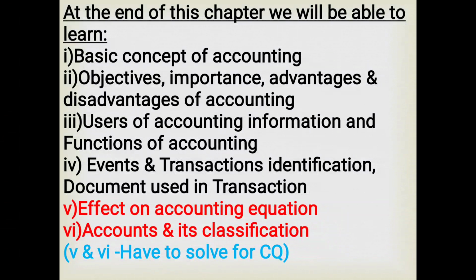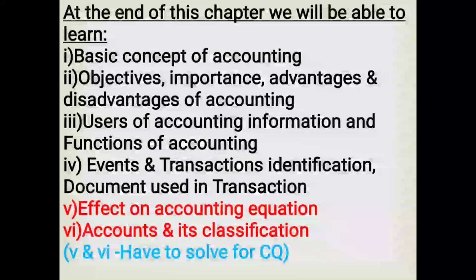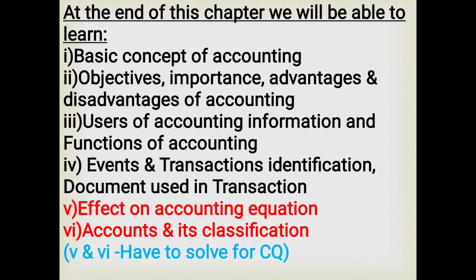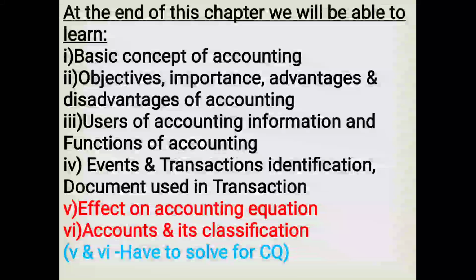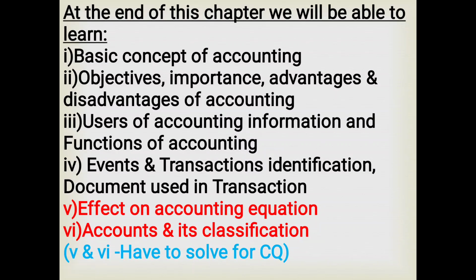Number 4, events and transactions identification, documents used in transactions. Number 5, effect on accounting equation, very important items. Number 6, accounts and its classification, another important topic. Numbers 5 and 6 have to be solved for creative questions in this chapter. In this chapter, 3 parts are available. First one, introduction of accounting. Second one, transaction. Third one, accounts.